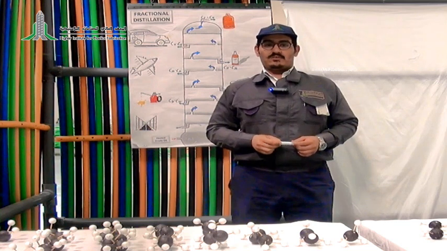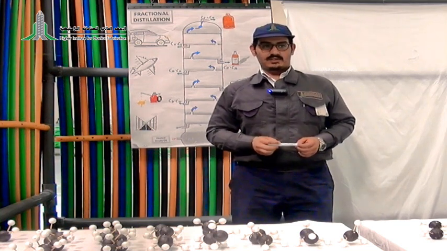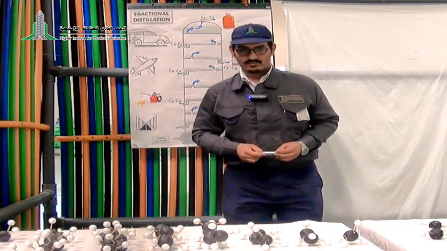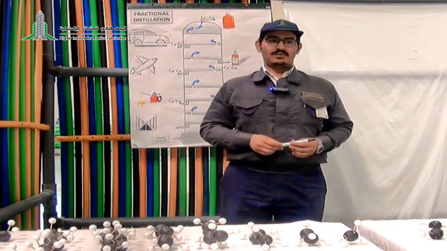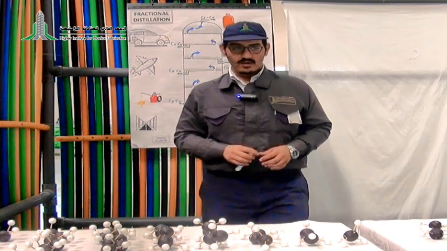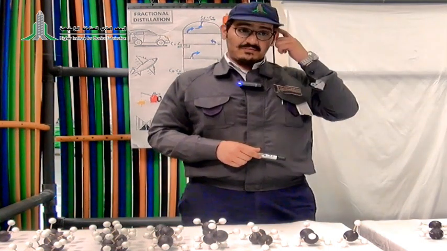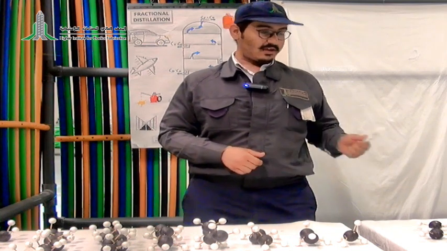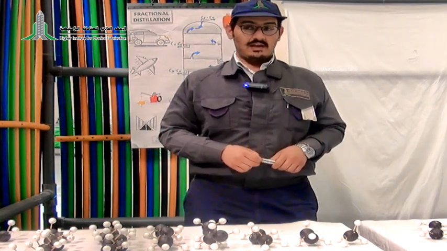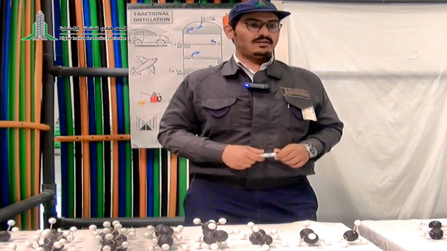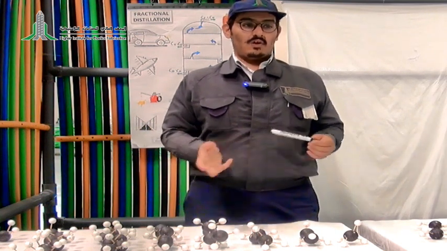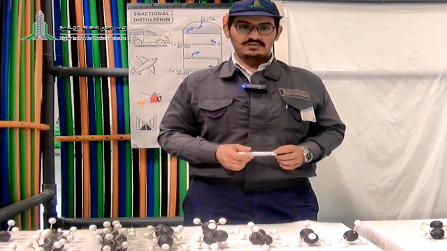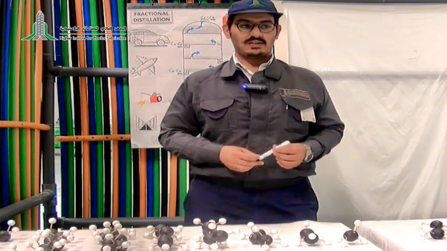Short chain hydrocarbons have low boiling points, and longer chain hydrocarbons have high boiling points. As you can see on the table, we have some examples of hydrocarbons from 1 carbon to 10 carbons, and all these are alkanes, which have single bonds, also known as saturated hydrocarbons.